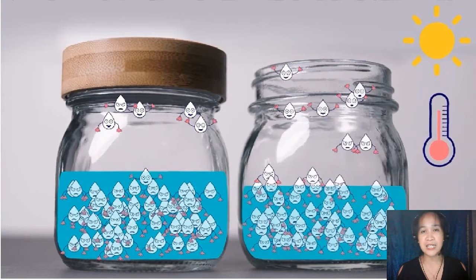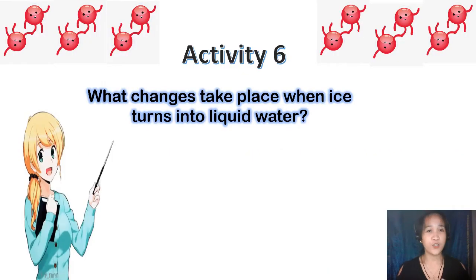In addition, some of the molecules of water that escape to the vapor phase hit the molecules on the surface of the liquid, and if they do not have sufficient energy, the attraction of molecules on the surface causes them to stay and join the liquid phase. Okay, now we are through with our activity number 5.